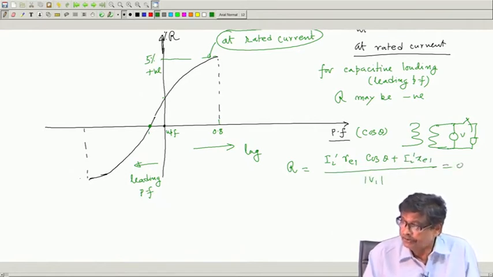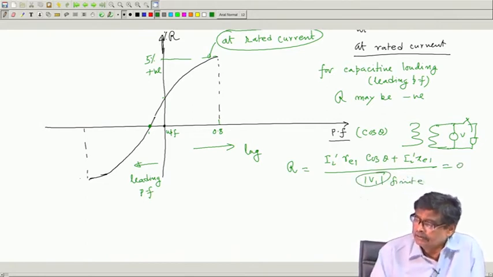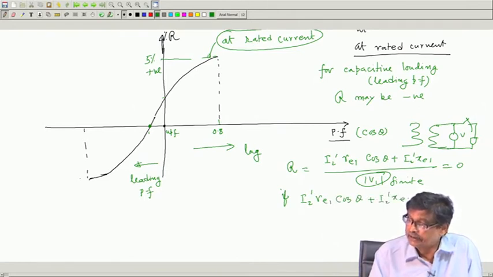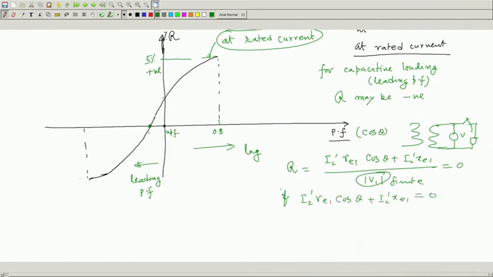If it becomes 0, the applied voltage is finite, it cannot be 0, it is the finite rated value. So, this will become 0 if I 2 dashed R e 1 cos theta plus I 2 dashed x e 1 sin theta is equal to 0, only then it will be 0.